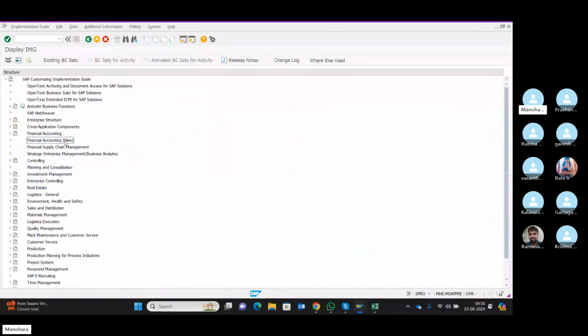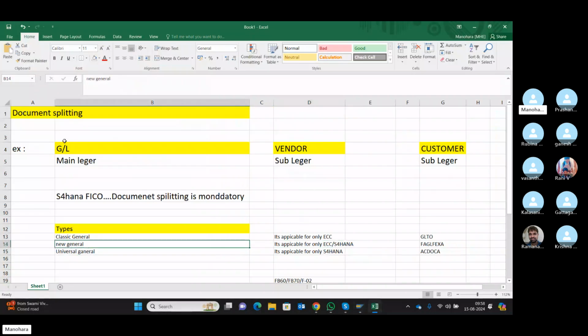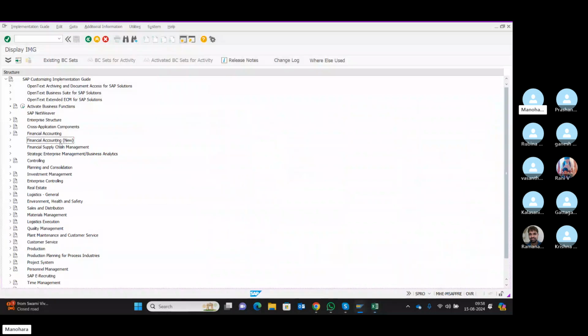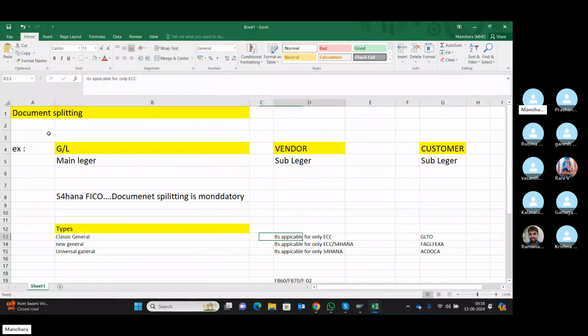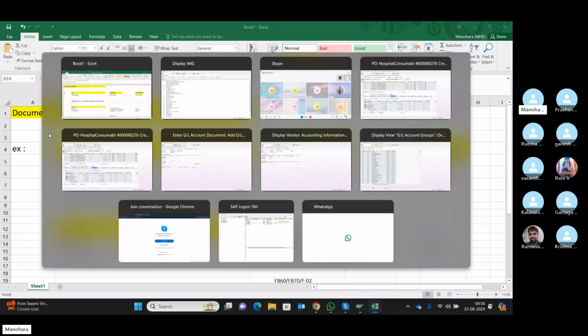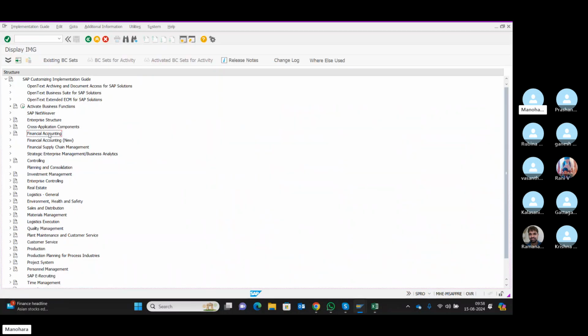Whenever you find the option New, the client is using the new GL concept. If the option is not there and only Financial Accounting is there, then we have to keep in mind that the client is using the classic GL only. When the client is using the new GL concept, everything goes to the new GL tables only.